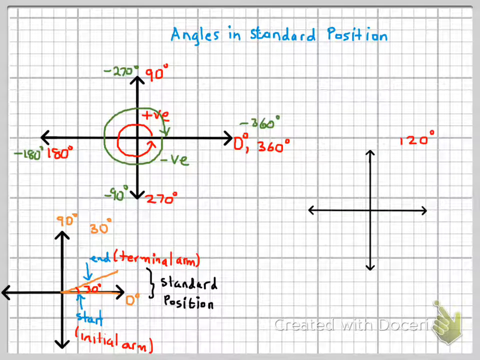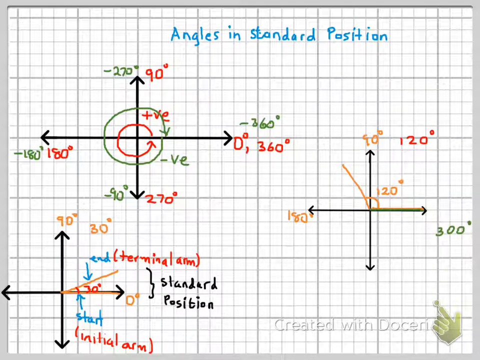Let's draw another one, 120 degrees. We do the same thing by starting on the right side of the x-axis, and since 120 degrees is more than 90 degrees, we know that it will be between 90 degrees and 180 degrees. So the terminal arm will lie in quadrant 2, like I've shown here. That is my angle in standard position.